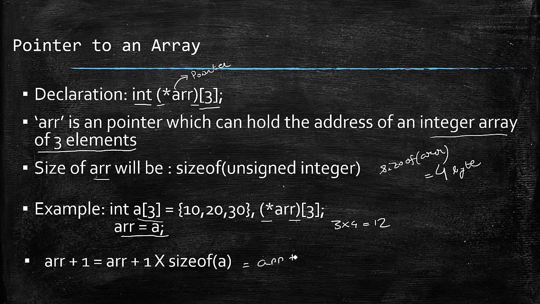So if the initial value of ARR was 1000, then ARR plus 1 will be 1012. So for this example, if I perform ARR plus i, then the value will be ARR plus i into 12, because the size of the array is 12.